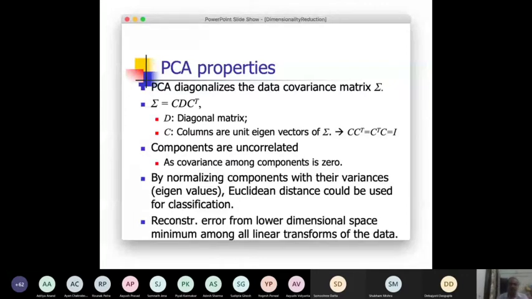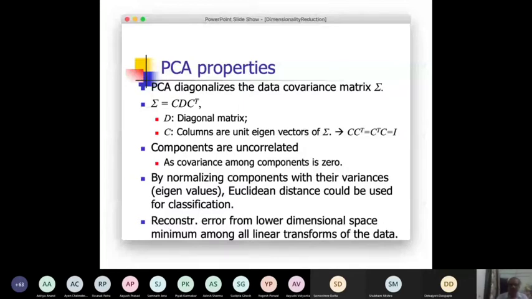And also you have the reconstruction error from lower dimensions. So this is one of the properties, that this projection gives you an optimum projection with respect to that number of dimensions. So whatever number of dimensions you choose, say you want to project on only k directions, principal component analysis will give you that set of directions where the residual error will be minimum.